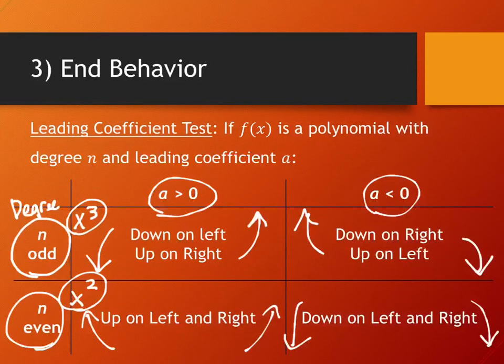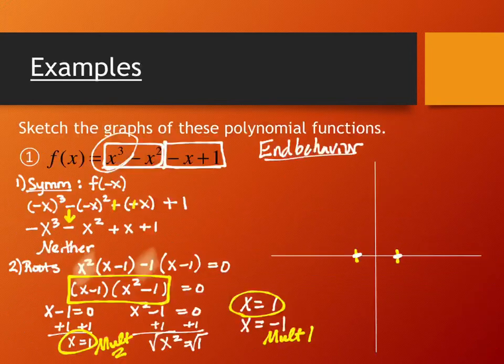So if you're thinking about this chart as your reference point, odd and positive is the first box right here. It's down on the left and up on the right. So I'm just going to jot that down.